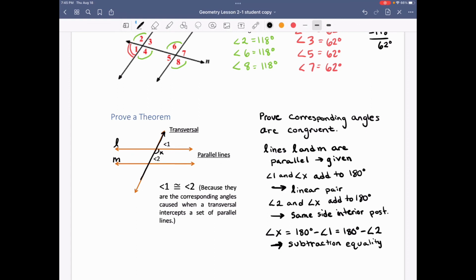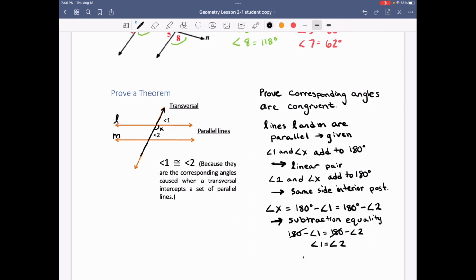If we can say that, then we can say that 180 minus angle 1 is equal to 180 minus angle 2. But if you look, we can cancel this. We can cancel out the negatives as well so that we get angle 1 is equal to angle 2. That canceling is the subtraction property of equality as well. So the reason this is true is because of the subtraction property of equality.